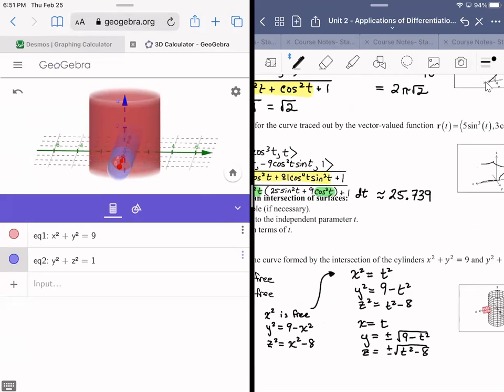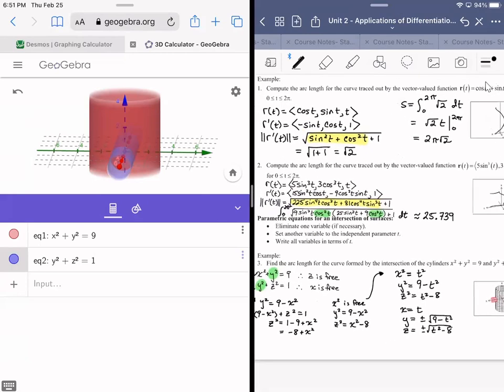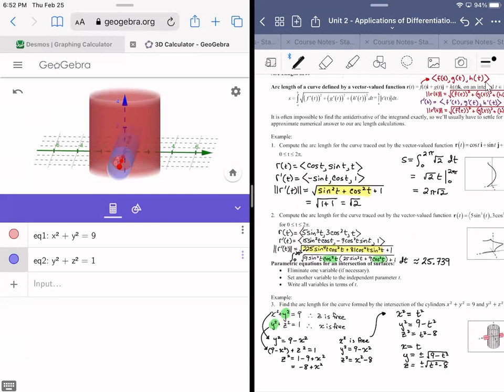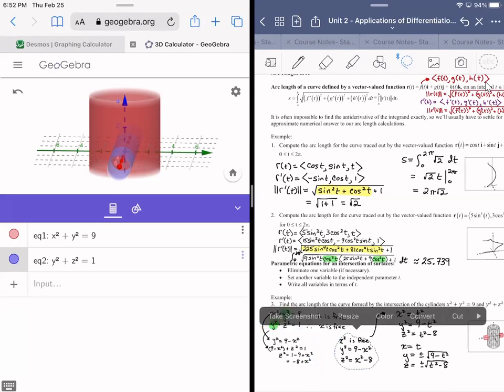There. All that is just to get me to a point where I have a vector valued function. It's written as a system of equations, but its sole purpose is to get me to the point where I can start the process of finding the arc length.